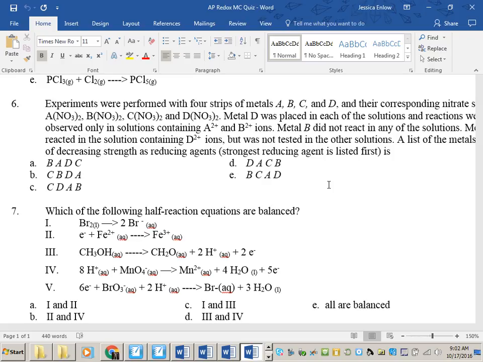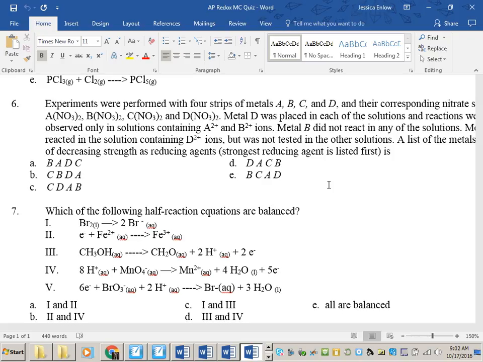And as you go, metal B did not react with any of the solutions. So what does that tell you about metal B? So non-reactive, keep going. These are all 2 plus, by the way, okay? So this is a no reaction. So what does that tell you? If it's non-active, what does it tell you about its strength as a reducing agent? Weak reducing agent. Okay, so doesn't it go from strongest to weakest?